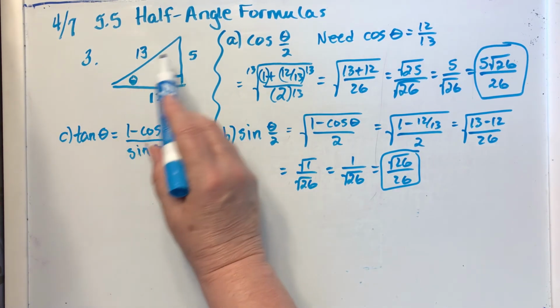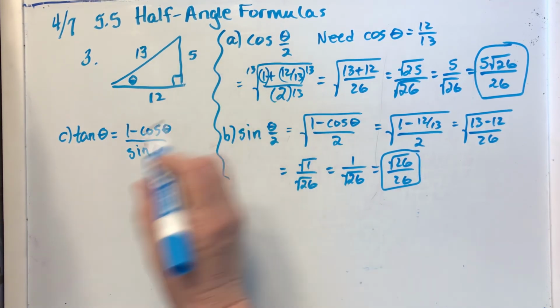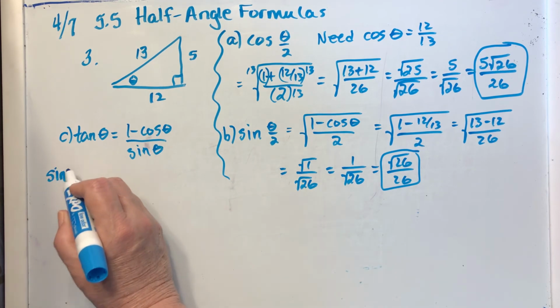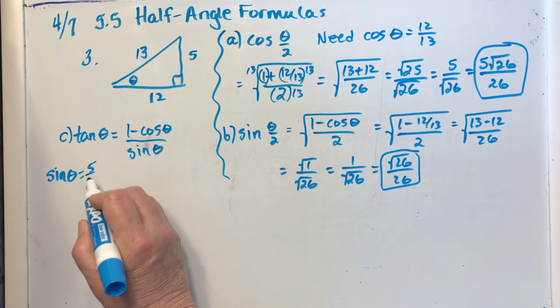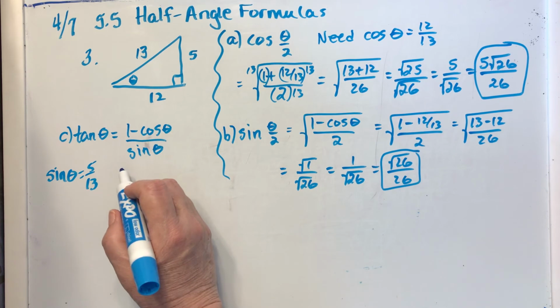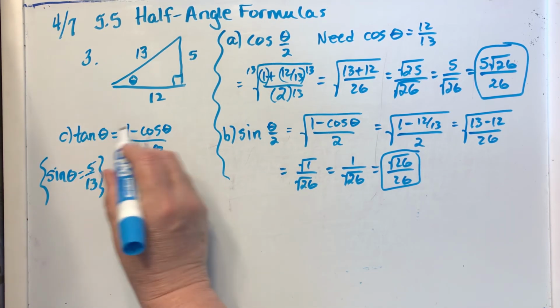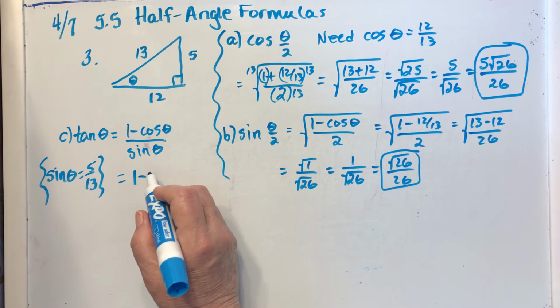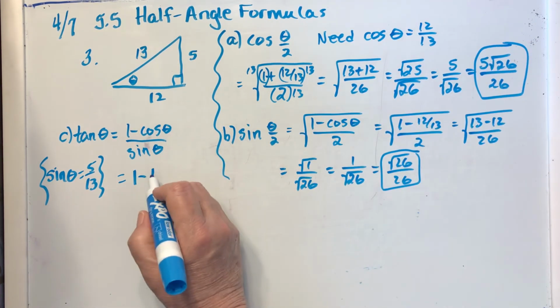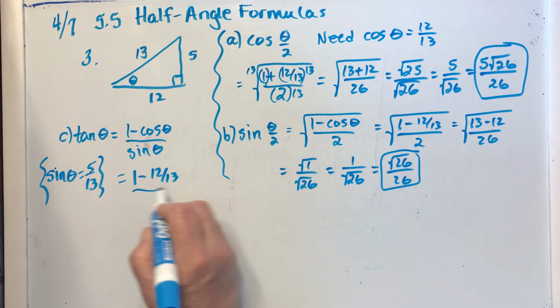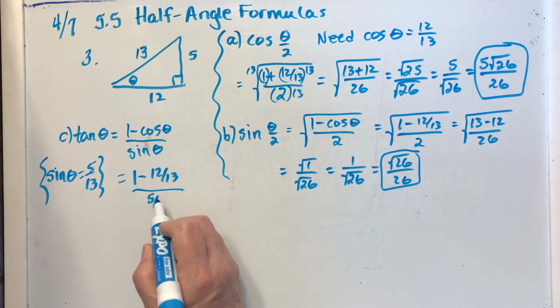The sine of theta is going to be the opposite over the hypotenuse, so the sine of theta is 5 over 13. So now I'm going to plug my values into this formula. So tangent of theta over 2 is going to be 1 minus our cosine, which we found was 12 over 13, over sine, which is 5 over 13.